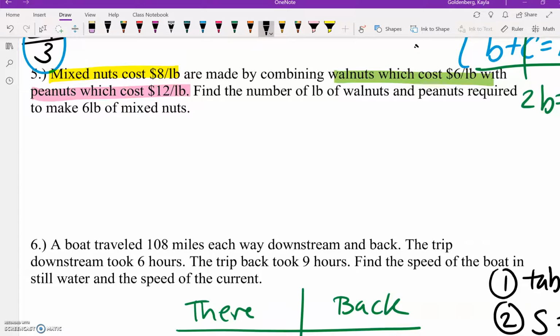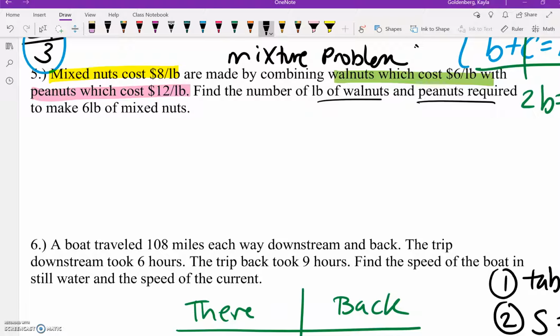And we want to find the number of pounds of walnuts and peanuts required to make the correct amount, 6 pounds of the mixed nuts. So this one's like a mixture problem. So this one's going to feel a little bit more like when we did our mixtures like saline with salt and water or hydrogen peroxide.